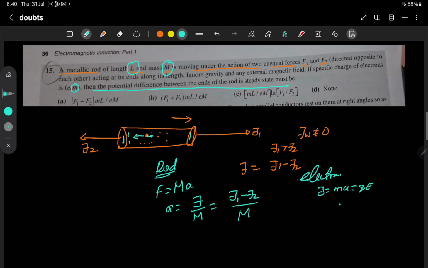So in this case, the electric field is nothing but ma divided by q. This is the electric field we are getting.